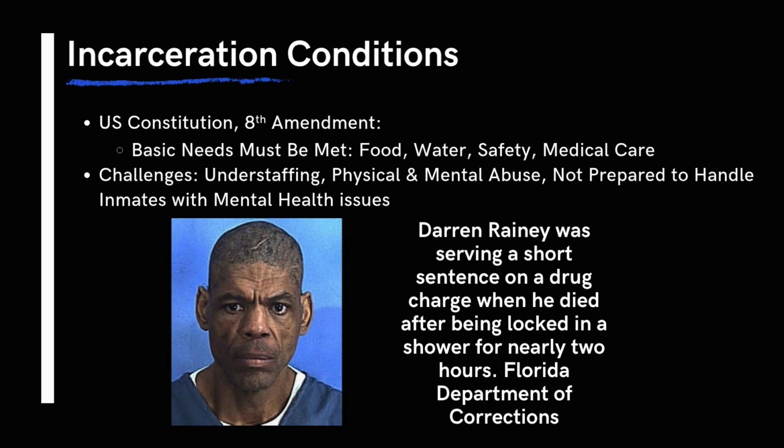Basic needs include access to food, clean water, sanitation, ventilation, lighting, and a humane temperature. So if you're in the middle of a summer during a heat wave, you'd be entitled to tools such as fans to make the heat bearable. Not comfortable, but bearable. Correctional authorities are responsible for ensuring that these basic needs are met.